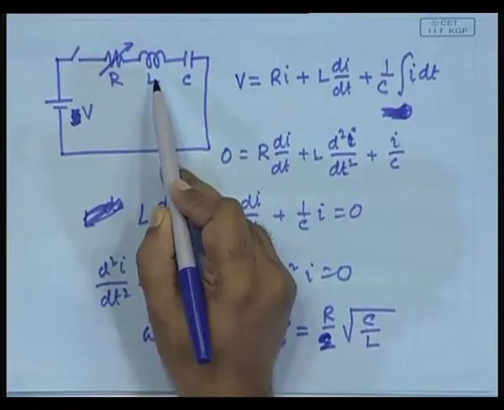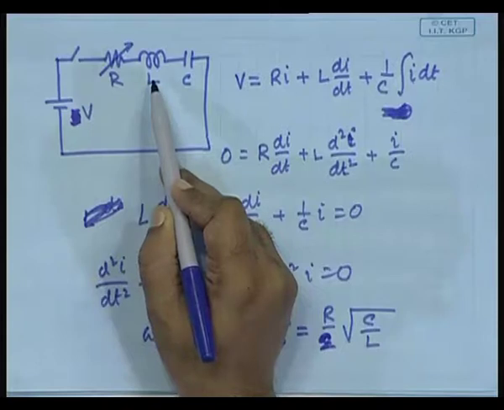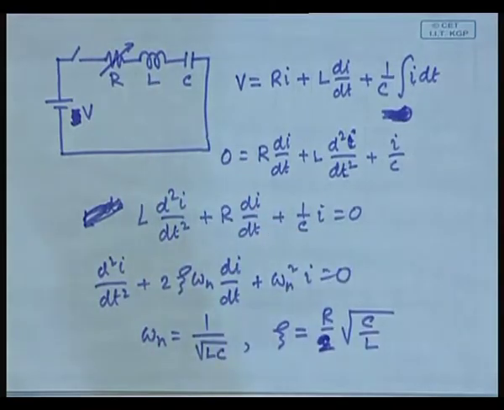You are talking about the voltage across the L. It will start from 0.